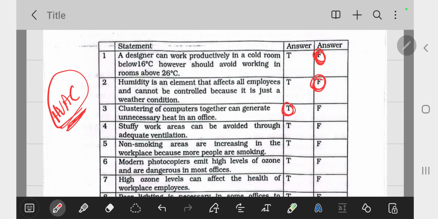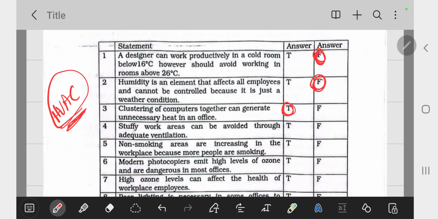Number 4: stuffy work areas can be avoided through adequate ventilation. This is testing you on the concept of ventilation, which we looked at under chapter 1, in a subsection. Ventilation is the provision of air into an enclosed building. It can either be mechanical or natural.